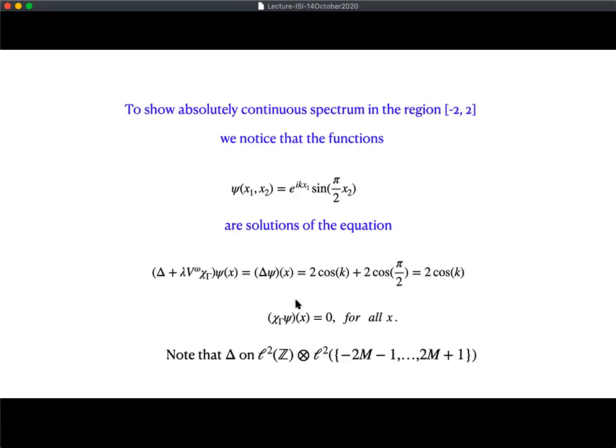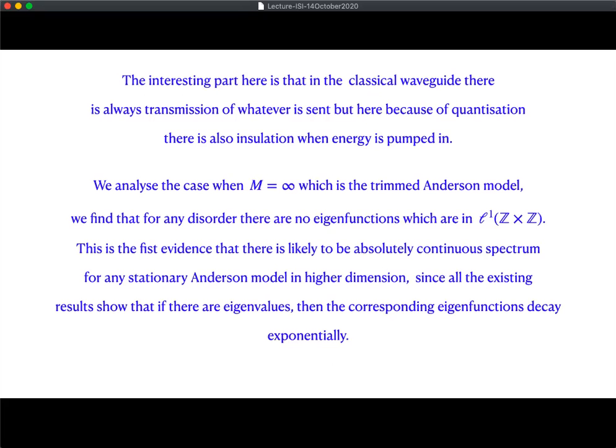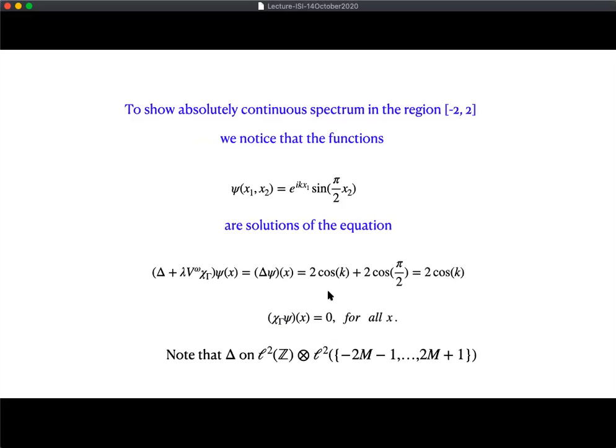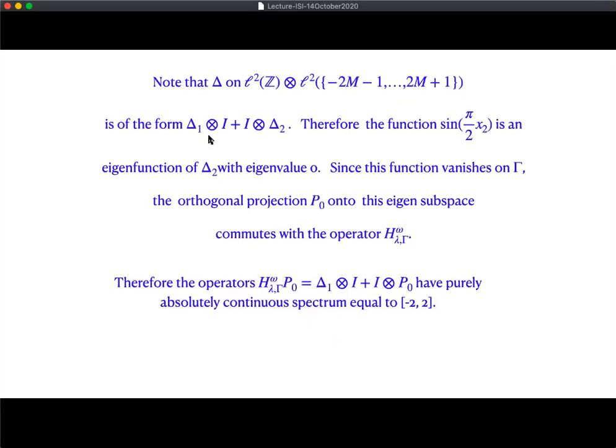And the reason for that is that we will choose our gamma in such a way that the indicator function of gamma times psi is 0. So psi has support away from gamma. So on this space, delta is given by delta 1 plus delta 2.